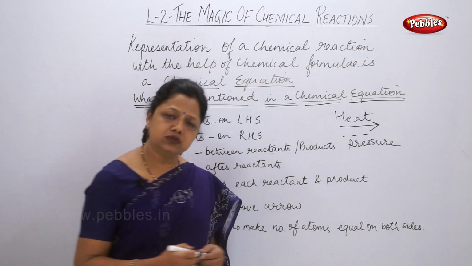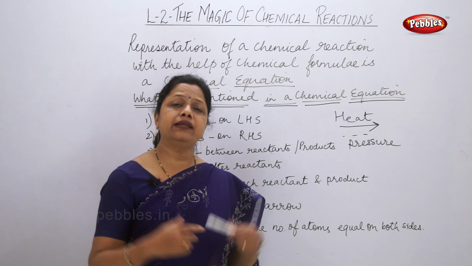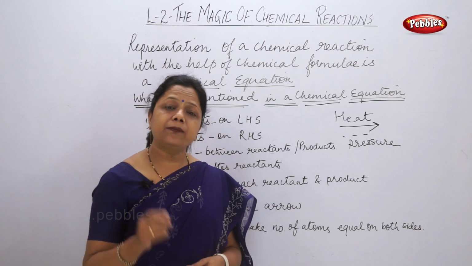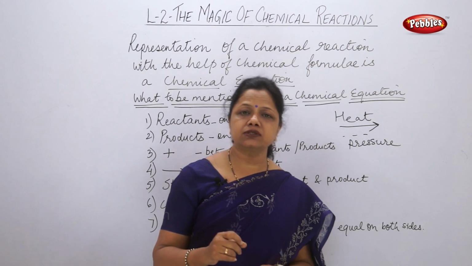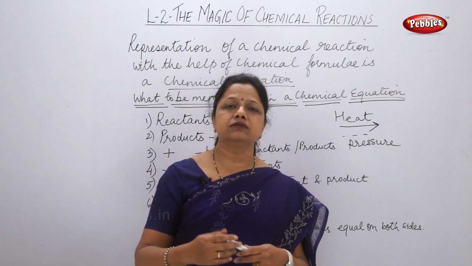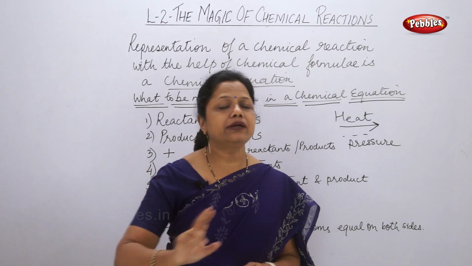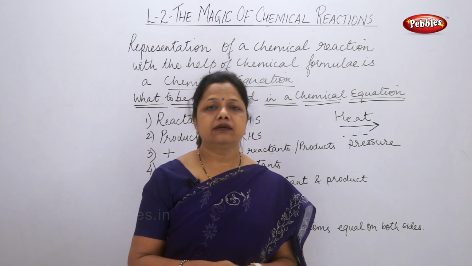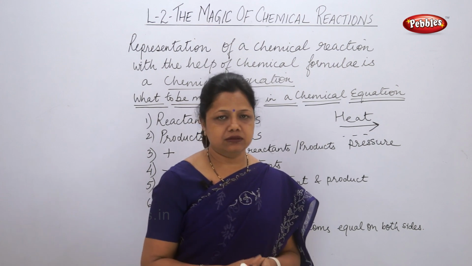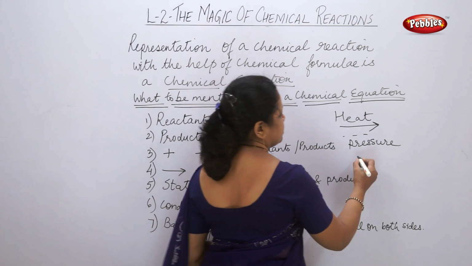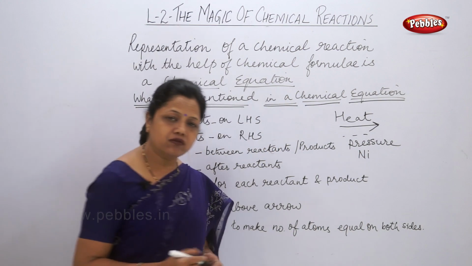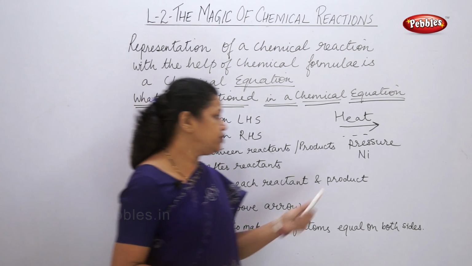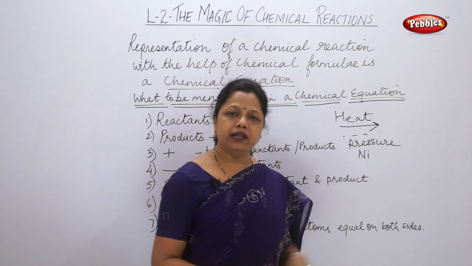Or if I want to say that a reaction is taking place in the presence of a catalyst: a catalyst is a substance which is involved in the reaction but does not take part in it. It changes the speed of the reaction. The catalyst can be, for example, nickel. If there is a catalyst involved in a chemical reaction, I can write Ni for nickel.